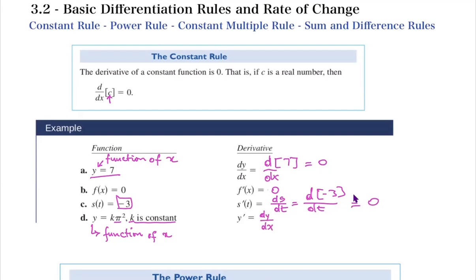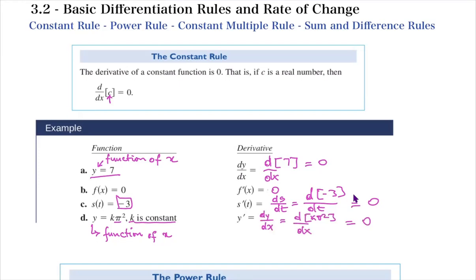So the derivative of y, which is dy over dx, the derivative of y with respect to x, would be d of k pi squared over dx, and with no x involved in the expression, this is 0.